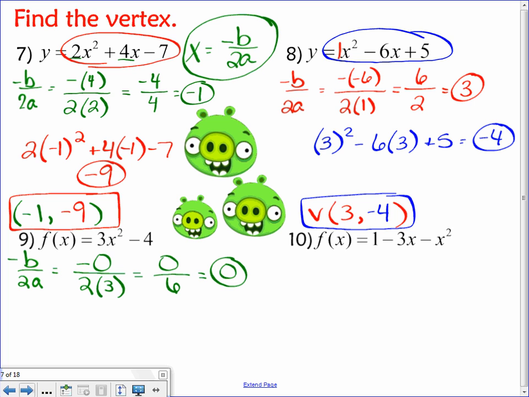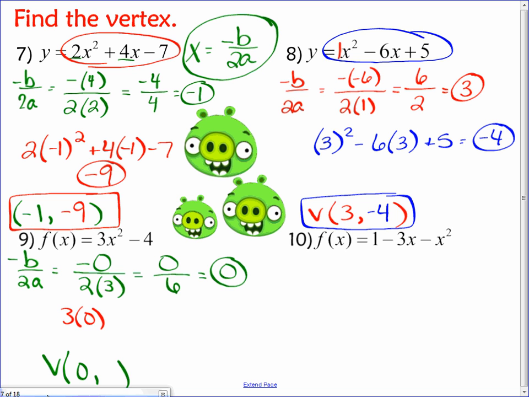So my vertex is located at 0, something. To figure that out, we go back to the original problem. 3 times 0 squared minus 4, and that will give you -4. So my vertex is located at (0, -4).